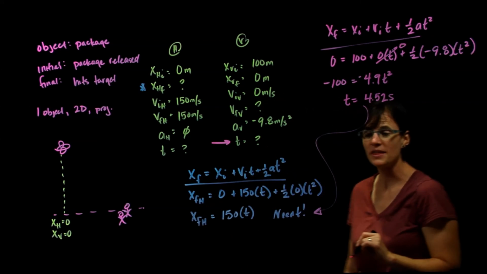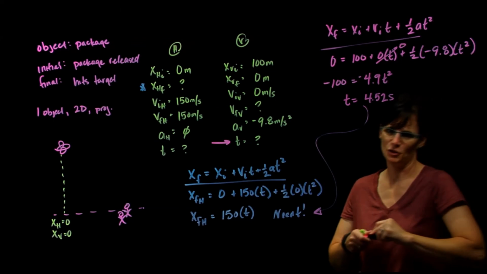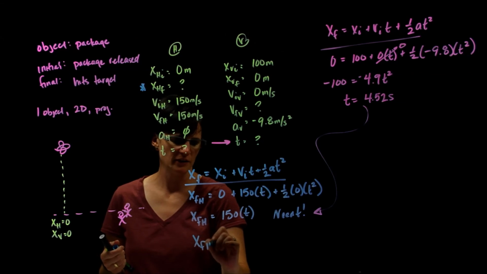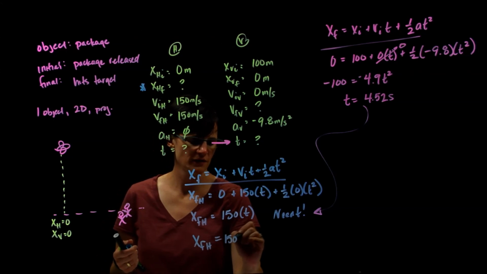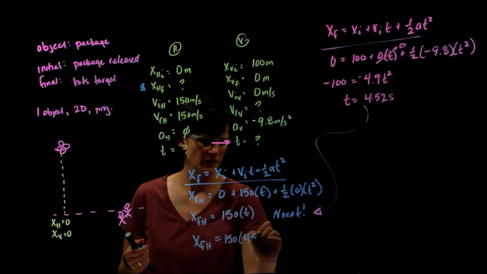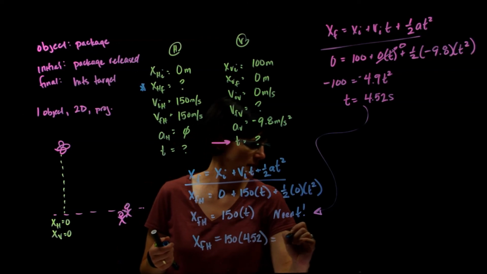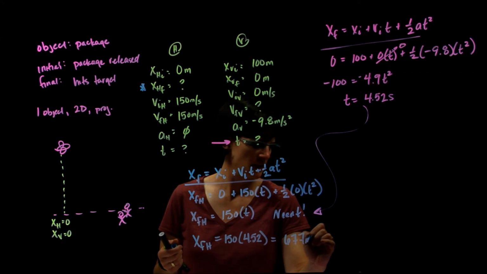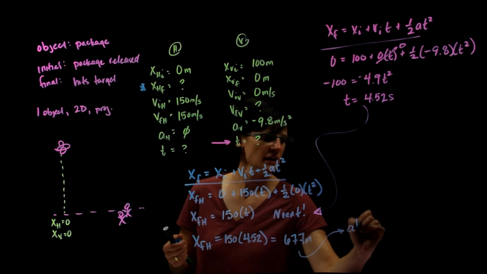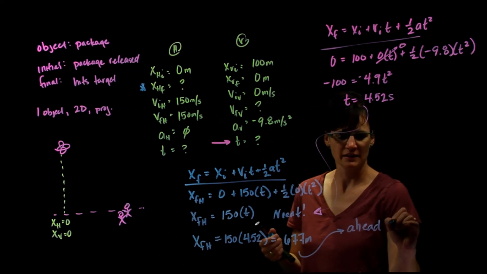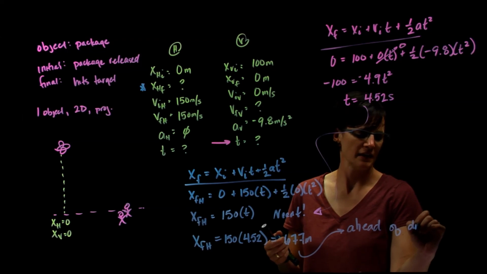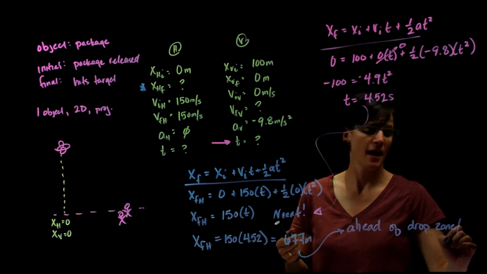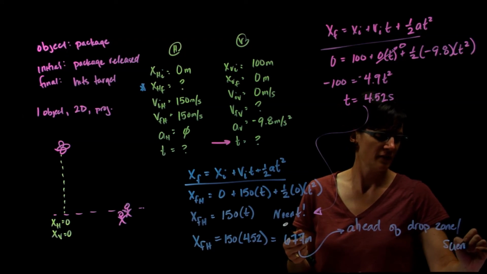So now I can put that time back into my equation, and I get x final in the horizontal direction is 150 times 4.52, and that gives me a value of 677 meters. So I need to drop my package 677 meters ahead of the scientists.